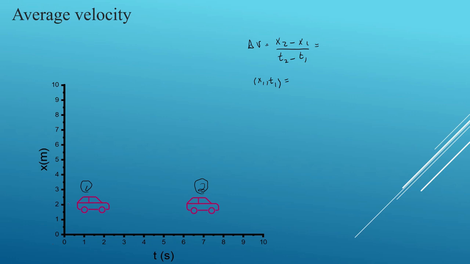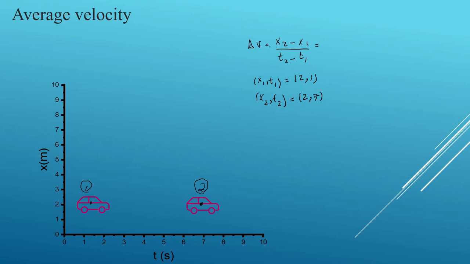Let's say I'm going to take the center of this car right here and the center of this car right here, right? These are the same car though. So my x1 and t1 are going to be 2 and 1, and for the second point I have my x2 and t2 are going to be 7 and 2, right?